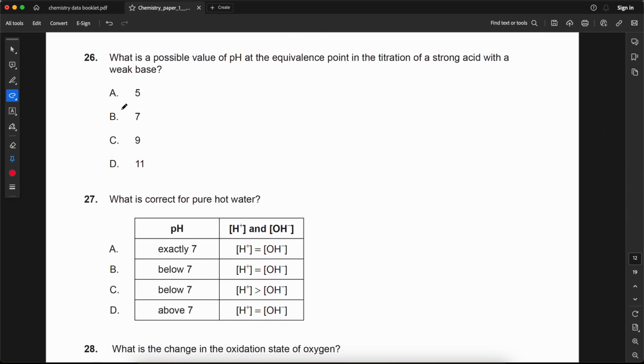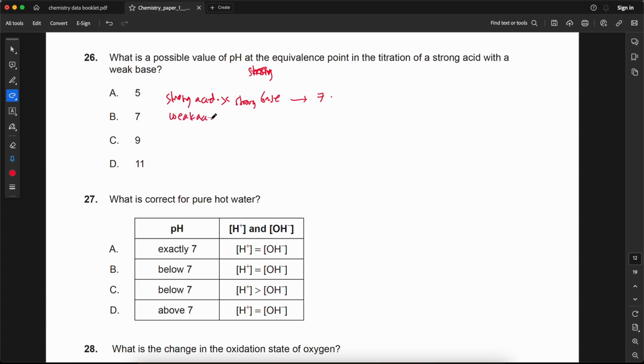What is a possible value of pH at the equivalence point in the titration of a strong acid and a weak base? Okay, I'll write down here. Strong acid versus strong base, the equivalence point is at 7.